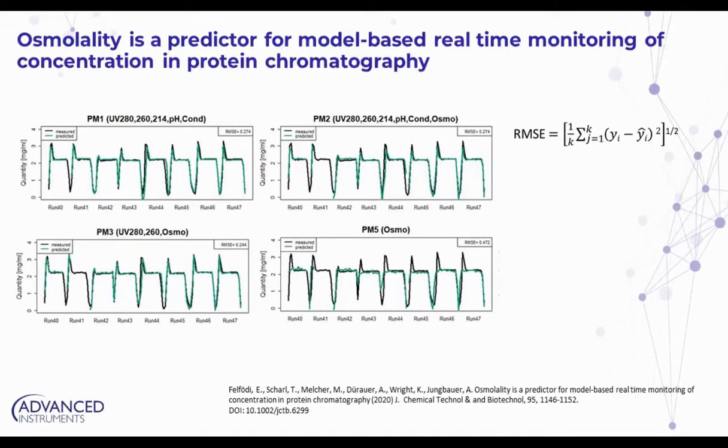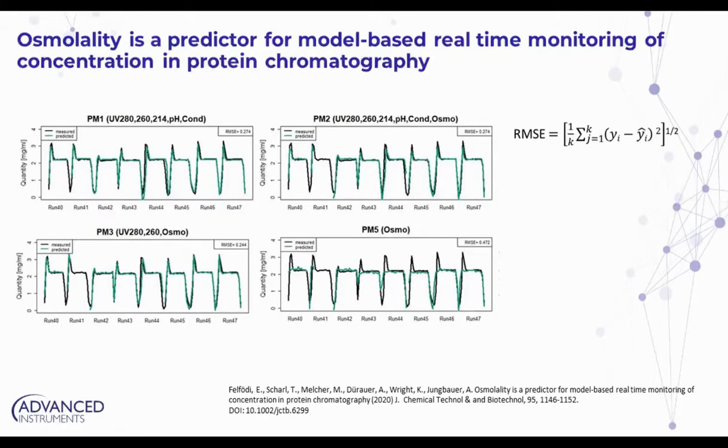So when we take osmolarity into account, then we see that with osmolarity we get a lower RMSE, a lower prediction error compared to UV 280, 260, 214, pH and conductivity.